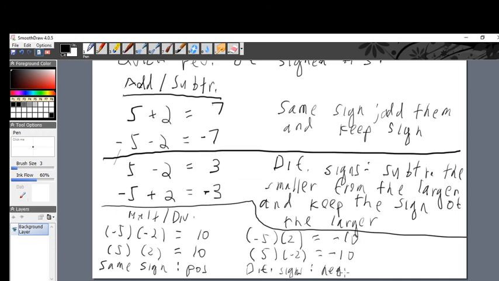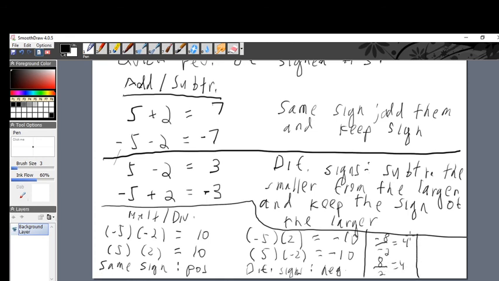Now, let me show you the situation with division. It's the exact same thing. Let me take a different number. If you get negative 8 divided by negative 2, you get positive 4. If you get 8 divided by 2, you also get positive 4. Same exact thing.